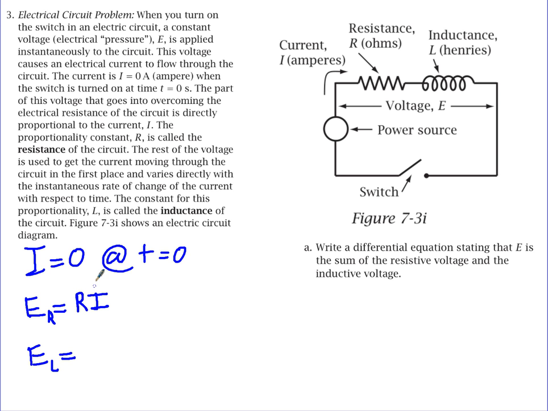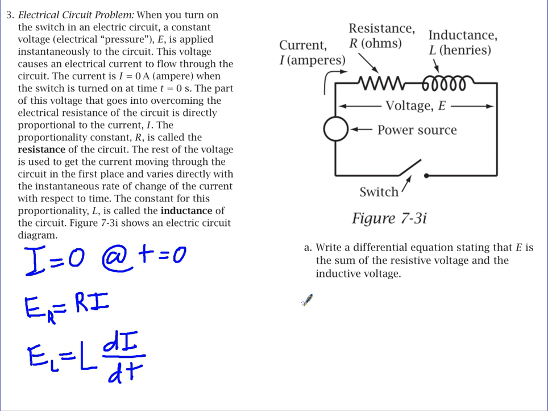The instantaneous rate of change of the current with respect to time is di dt, which is the derivative of I with respect to t, and the proportionality constant is L. So that's the information from the paragraph, basically all it says. And then this is the circuit.